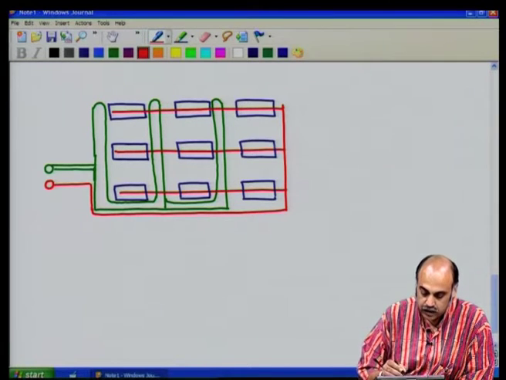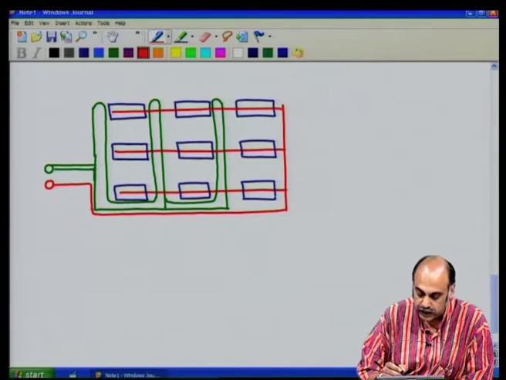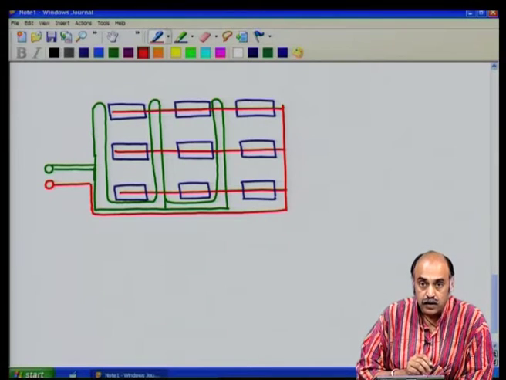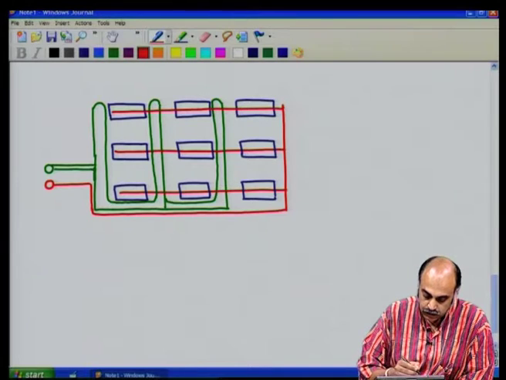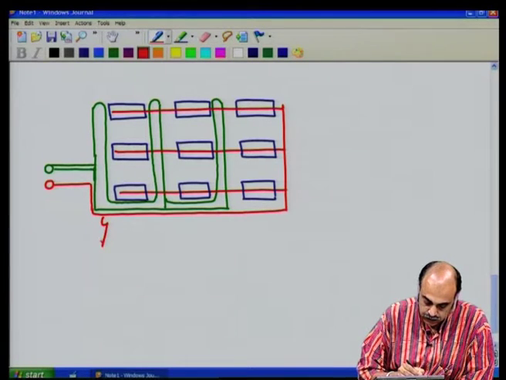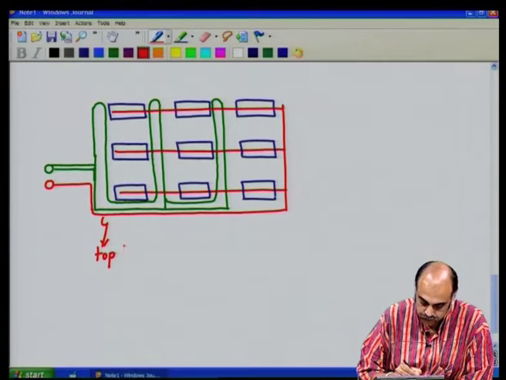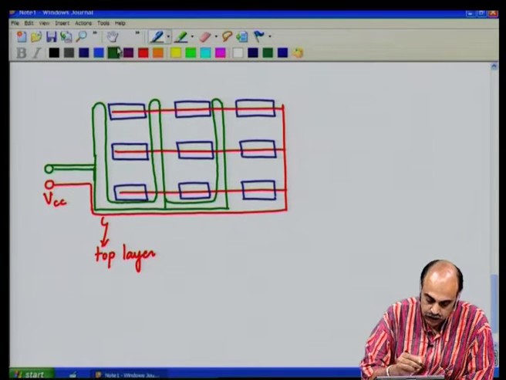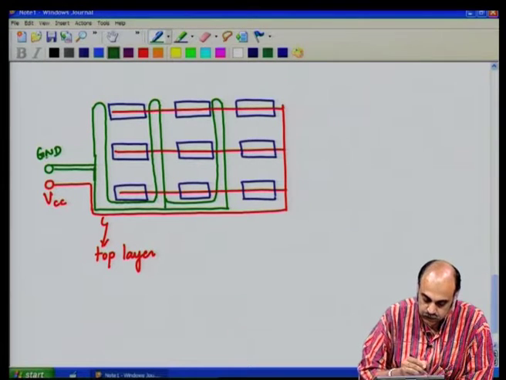Now, this is one way of routing where you have made available the supply and the ground plane to each of the components here. You see that the supply, the red line, is on the top layer, let us say this is VCC, and the ground in the bottom layer.